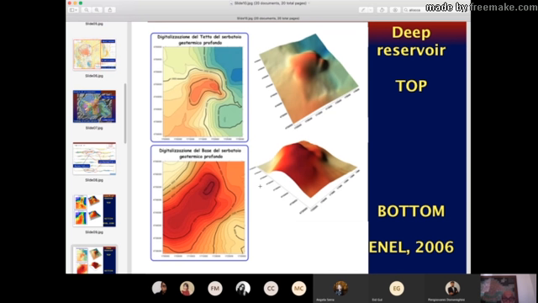The top of the deep geothermal field is still in the Tuscan Formation, but in this case it is the metamorphic unit, and only the lower part of the geothermal field is sufficiently fractured to have enough permeability to allow extraction of geothermal fluids.